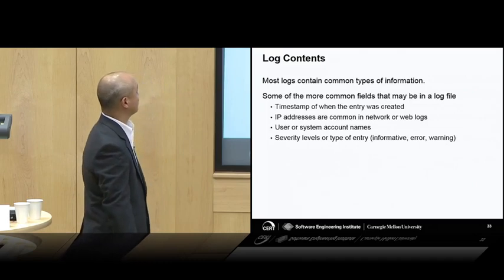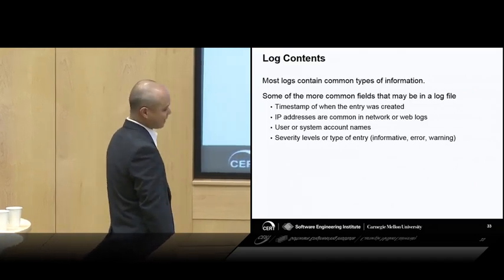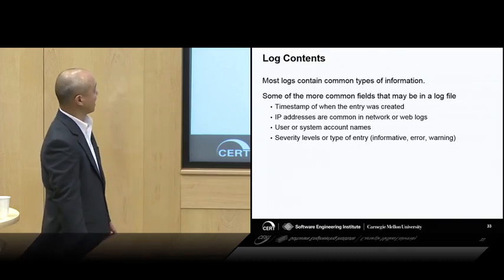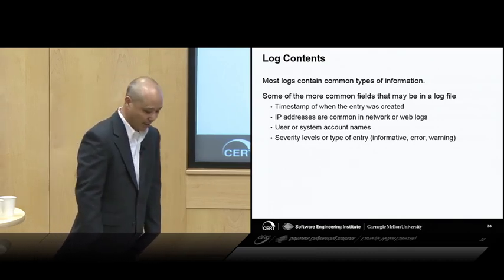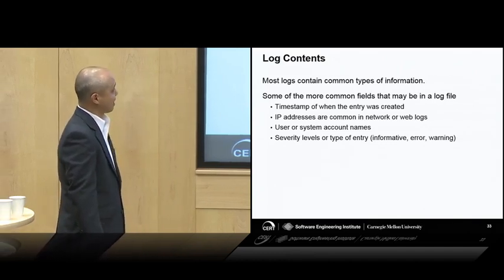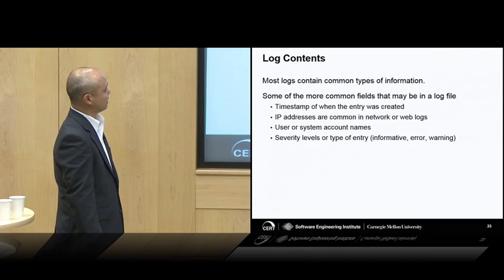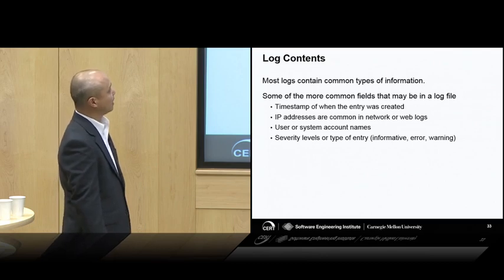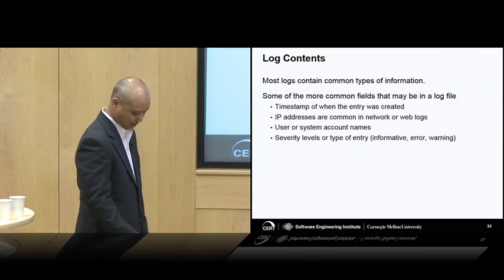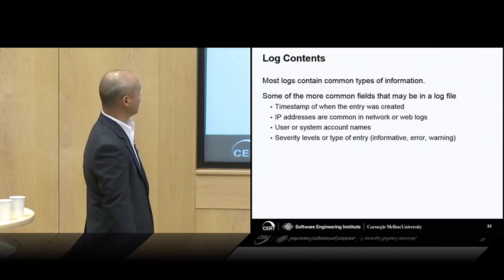So, log content. Most logs contain pretty close to the same things. There's a timestamp, the date and time of when it happened, the IP addresses if we're talking about network items or web logs, and user or system account names that either accessed or used it.